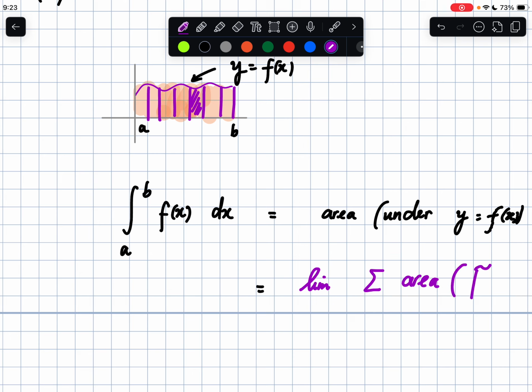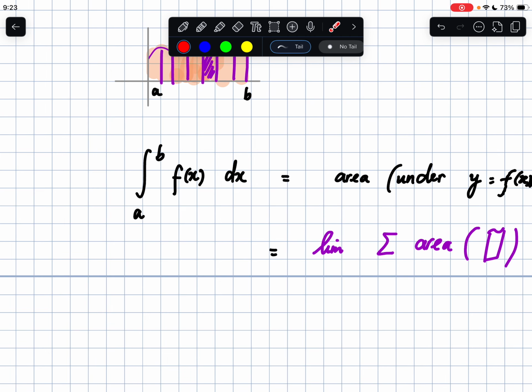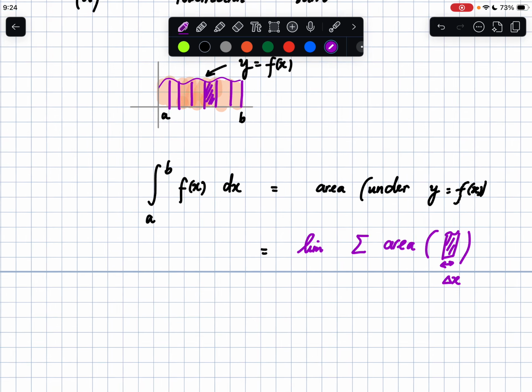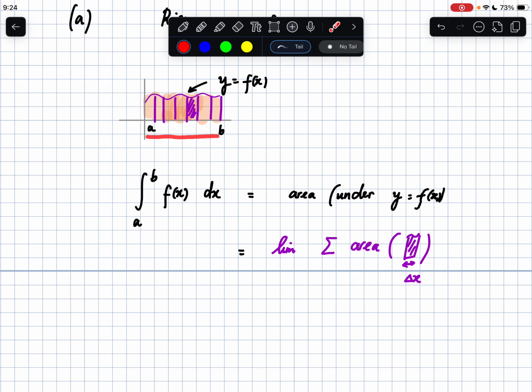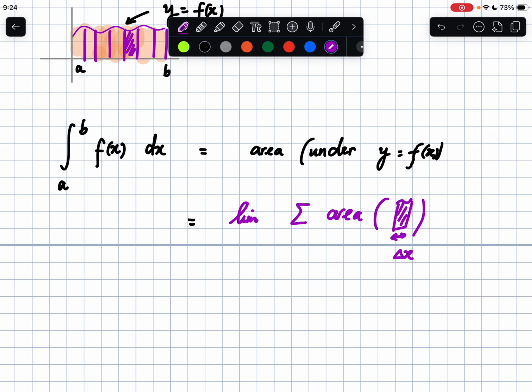So the curve looks like this. When the width here is small enough, you can pretend that this is a rectangle. Delta x is the width of the rectangle. And say we cut it into n pieces, so n rectangles, and let n tend to infinity.